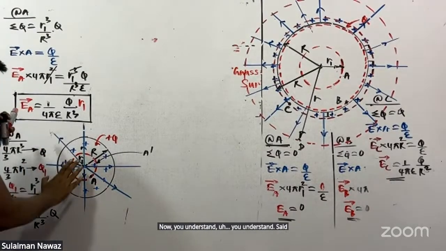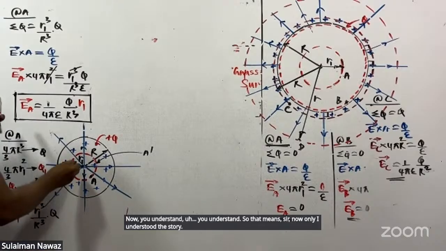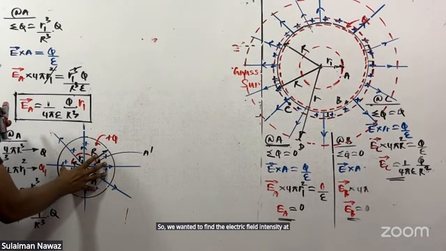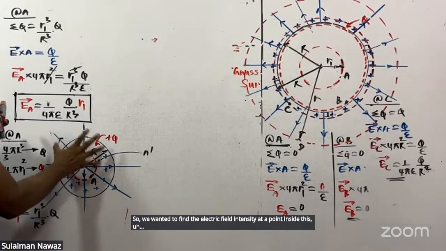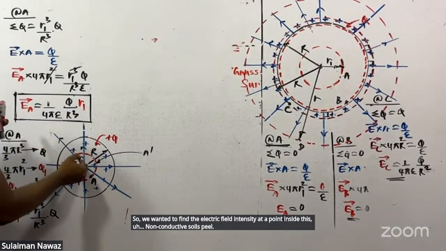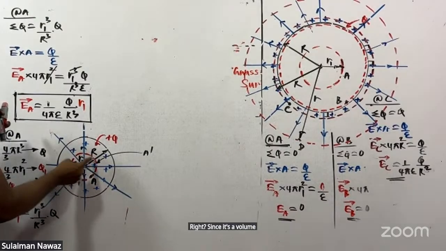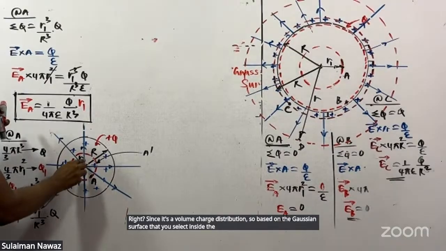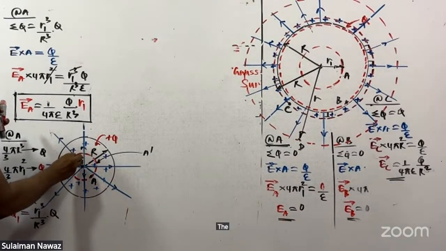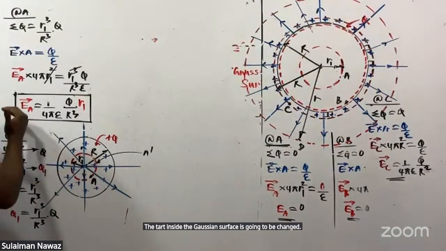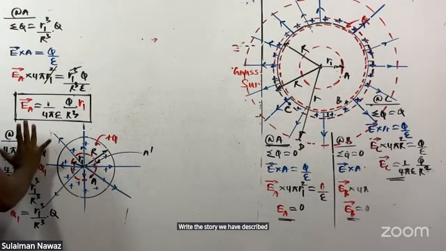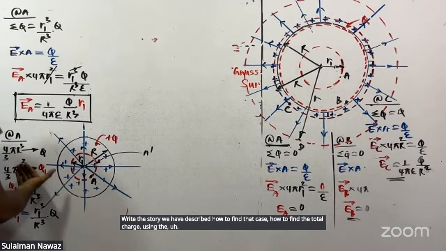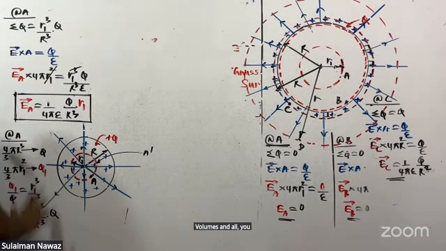So that means now you have understood the story. We wanted to find the electric field intensity at a point inside this non-conductive solid sphere. Since it's a volume charge distribution, based on the Gaussian surface that you select inside the sphere, the charge inside the Gaussian surface is going to change. We described how to find the total charge using volumes.